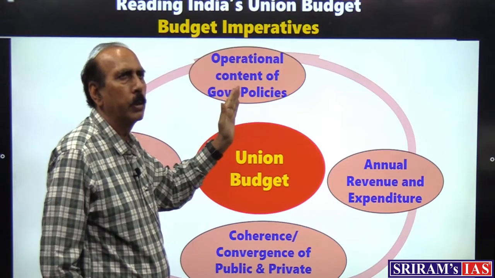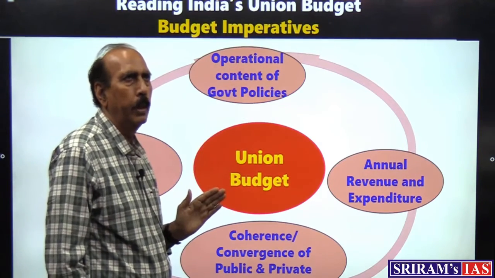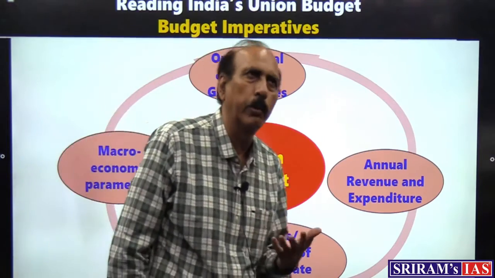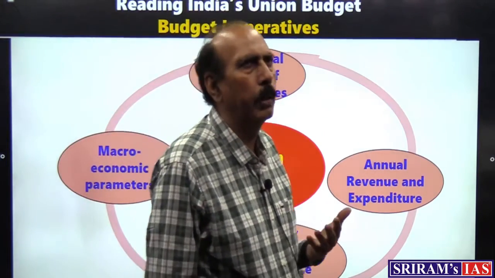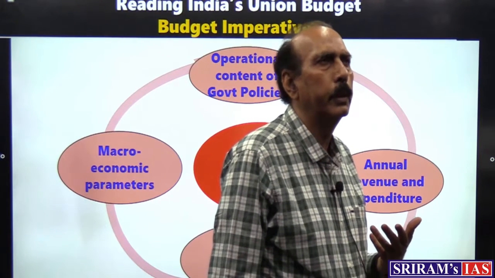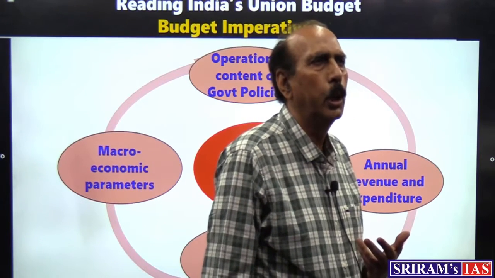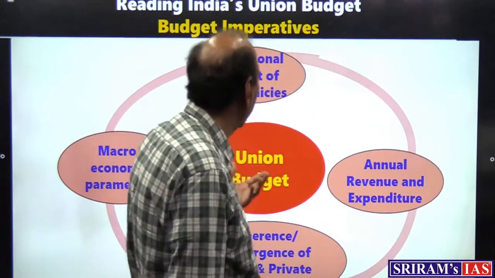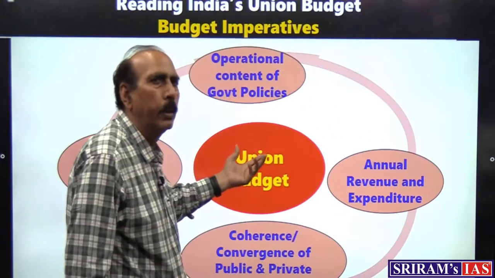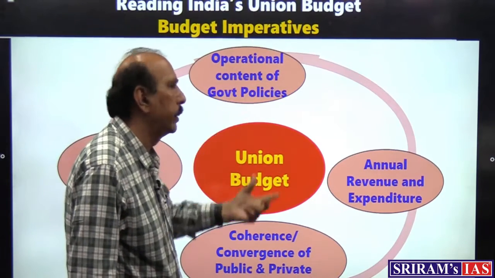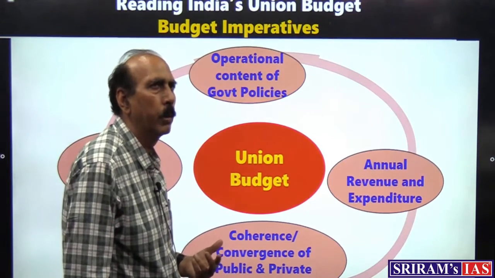Whatever policy the government has made, unless it has financial resources, that policy has no meaning in the development process. Resources are allocated to government policies and programs only through the budget. Therefore, when the budget is presented, it indicates the operational content of the government policies.